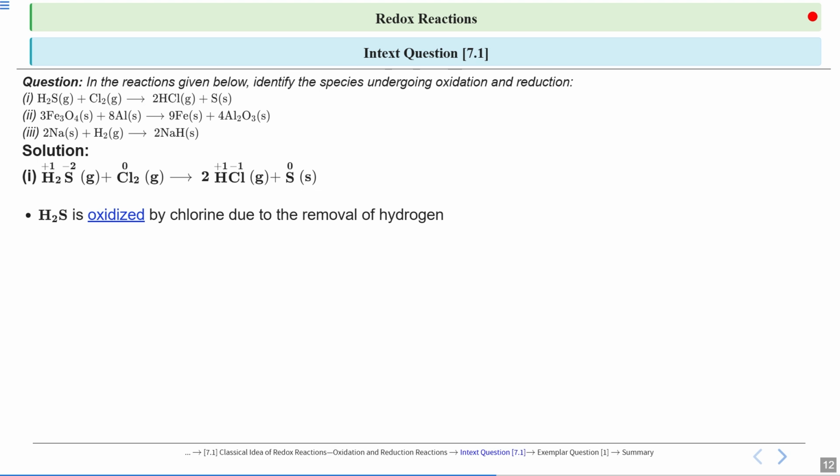So what we can say here is that H2S is oxidized, while chlorine is reduced by adding hydrogen to it. And you can also find that chlorine is present in 0 oxidation state in the reactant and in -1 in the product.